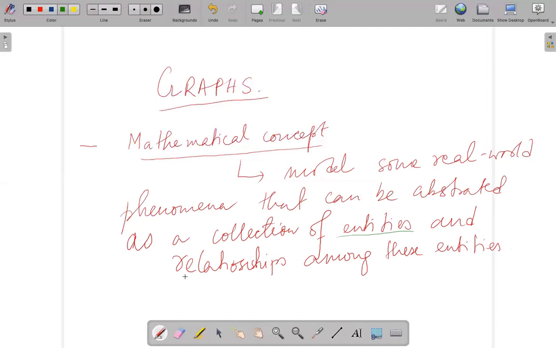So these two words are very important: entities and relationships. This is what a graph is typically used for.